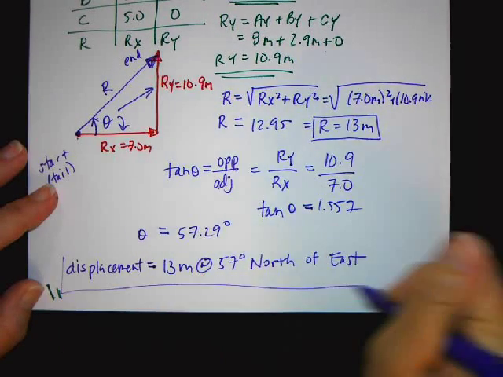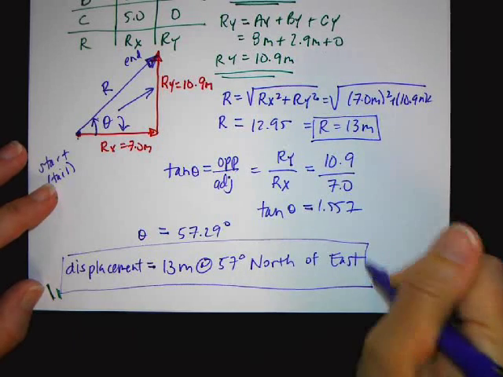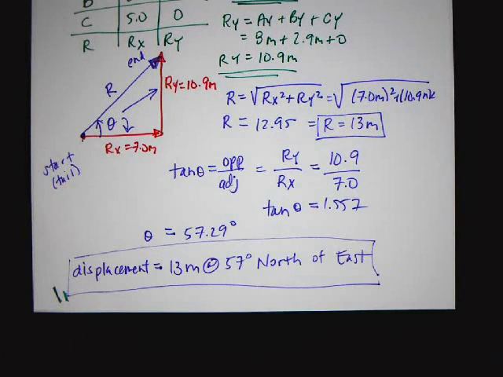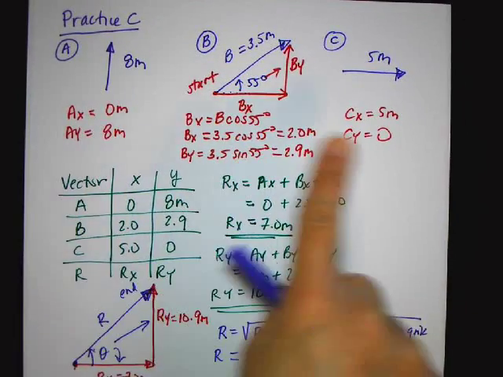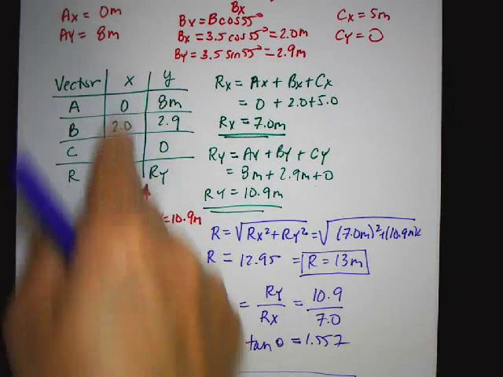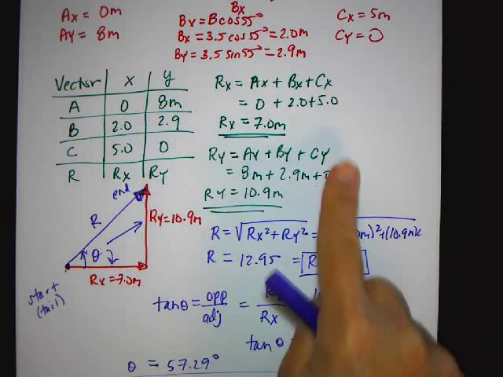If I do a chart, it makes it really easy when I add up all my x's and the y's, I won't make a mistake, especially when we have ones that are like negative. Okay? And this one we didn't have any negative. Then once I get my Rx and my Ry, in order to find R, I use the Pythagorean theorem. And then every vector has both magnitude and direction. So then to find the direction, I use tangent, and then I say the direction.